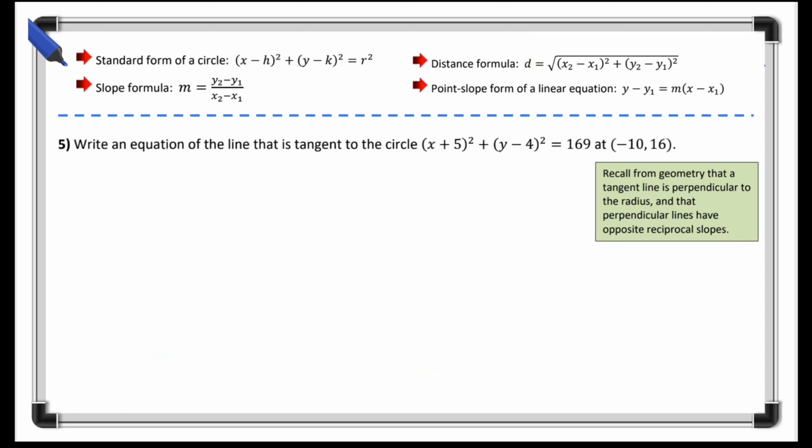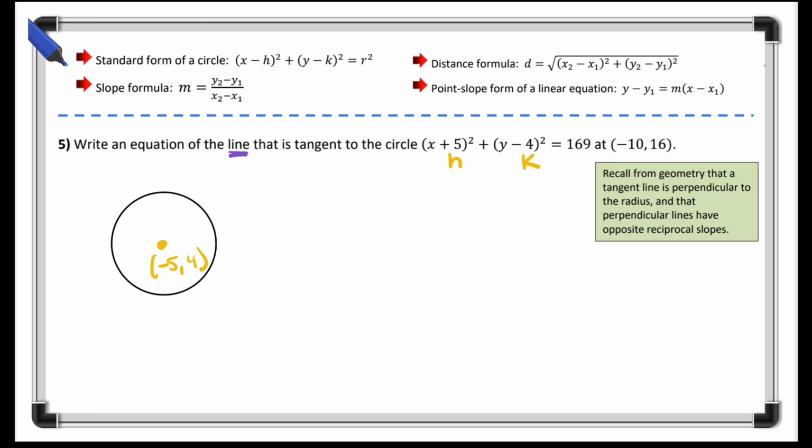So here you have to find the equation of a line that is tangent to our circle, and it is tangent at one specific point. So here's some information that you know. The center of our circle, h and k, and we know that we have to find the equation of a line. So let's say we were to draw our circle here, and the center is going to be here, and that's at -5, 4.